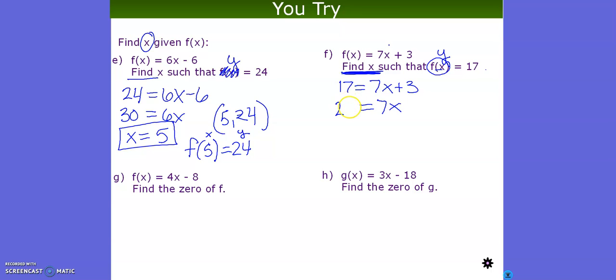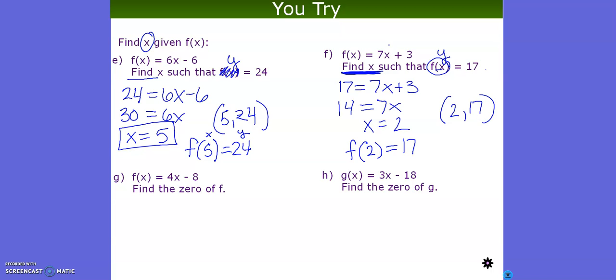I added 3 to both sides instead of subtracting 3. My x is going to equal 2. So if I want to write it in function notation, when I plug 2 in, my function is equal to 17. And again, that's an ordered pair, (2, 17).